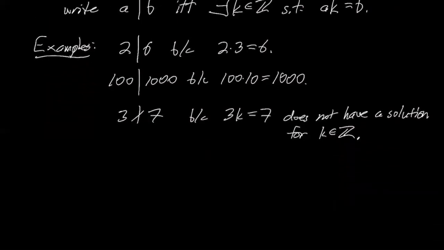One thing that is worth pointing out right now is that it's important to notice that a statement like 2 divides 6 is actually a sentence. It's important to think about the grammar of mathematics sometimes.